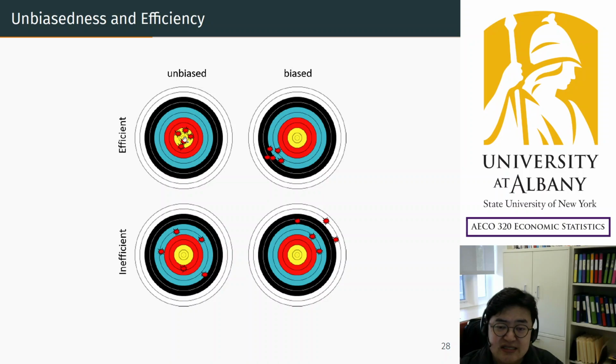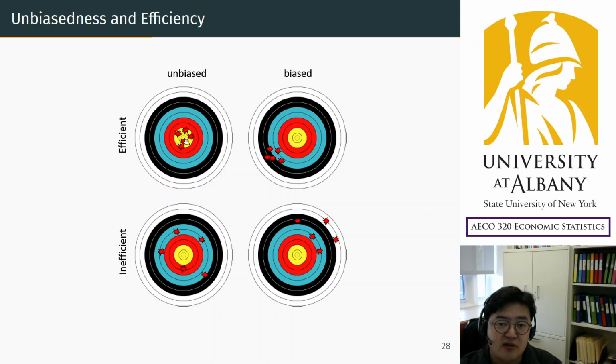The target is exactly centered at the bullseye. The center is correct, so we say it is unbiased. The target is exactly correctly centered, and your shots also do not move that much. It is consistently at the center, so in that sense, it is efficient.